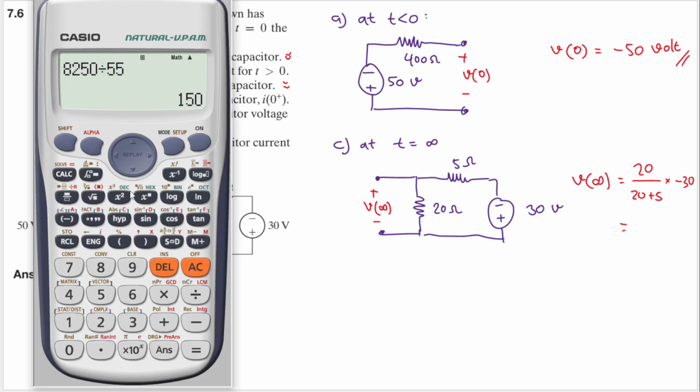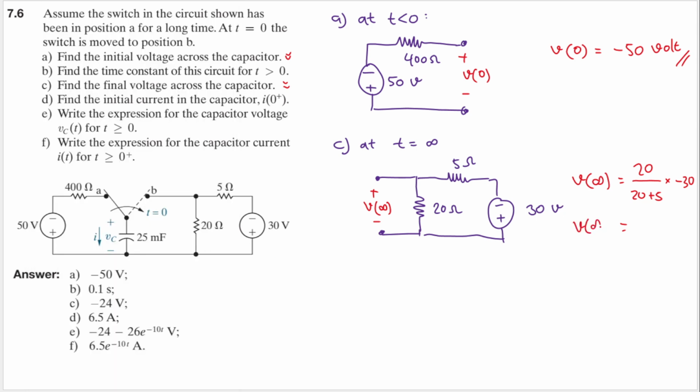Let's use calculator. 20 divided by 20 plus 5, that will be 25, multiplied by minus 30. So we'll have V infinity is minus 24 volt. Okay, that's awesome because we now have the answer for A and C.